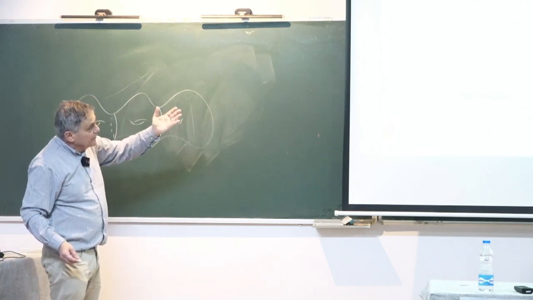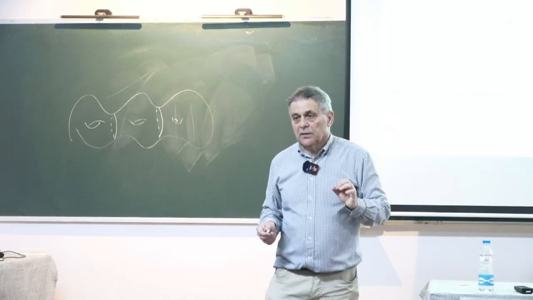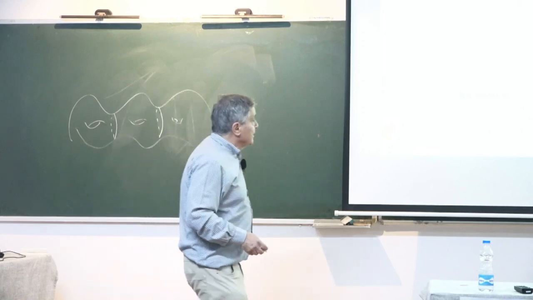A marking is a homotopy class of homeomorphism from a fixed topological surface. It could be just an isomorphism between the fundamental group of this surface and a fixed group, so that for each curve I know precisely which curve it is. So this is the important thing, the marking.